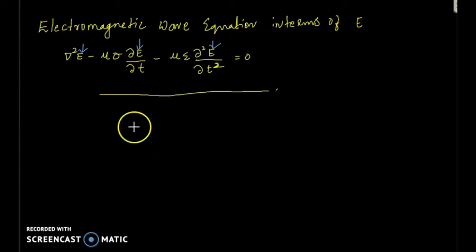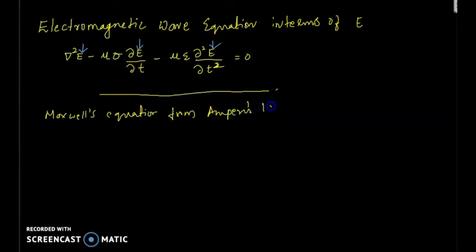The Maxwell's equation from Ampere's law in point form is given by, so divergence of H is, last module we derived this expression.